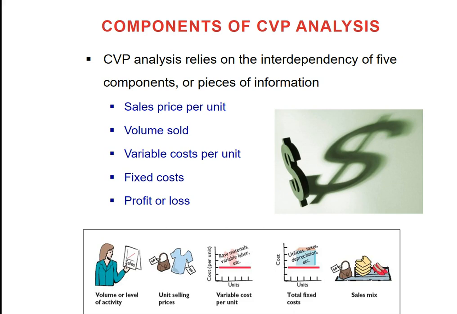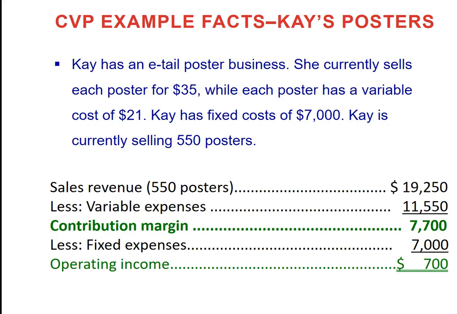So managers need to know how many units they need to produce and sell, what their variable cost and fixed cost are, and what their sales price is. By using all this information and CVP analysis, managers can take very important decisions for their day-to-day business.